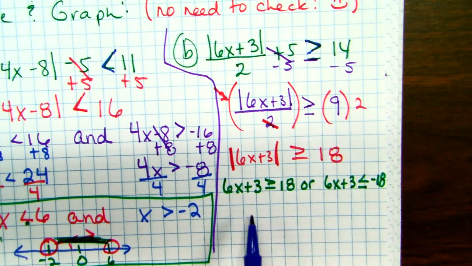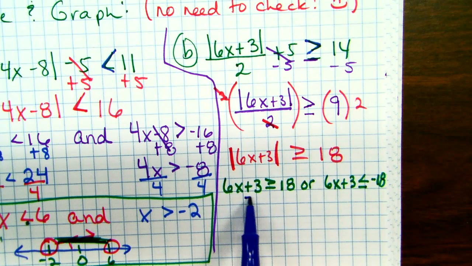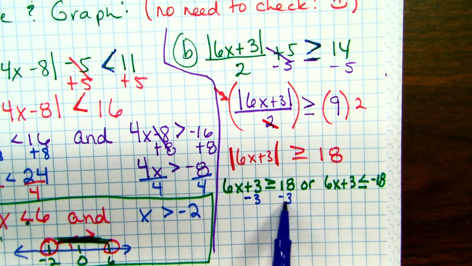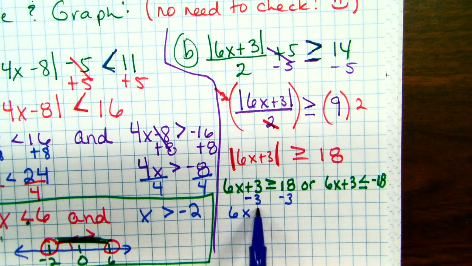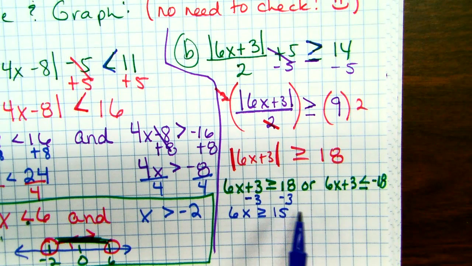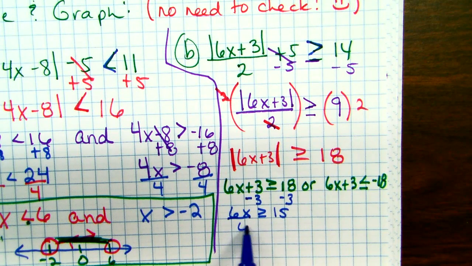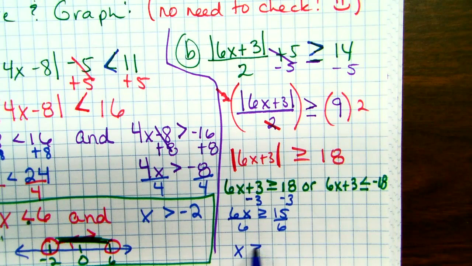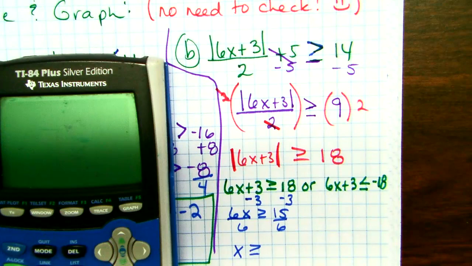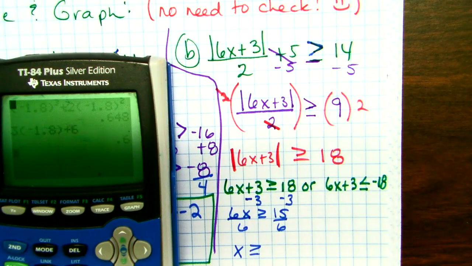So let's just solve these. I would start out by subtracting 3. And of course they have to give us a decimal. They love this. Divided by 6. Now, remember, the rule to know if we're allowed to use the decimal form, if I do 15 divided by 6, is that a good decimal or a bad decimal?